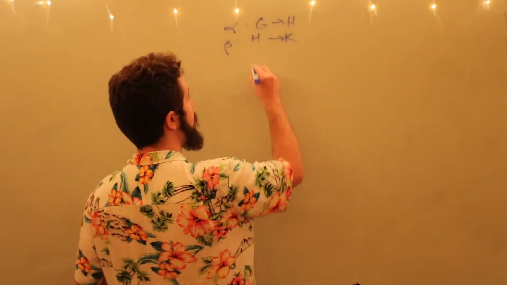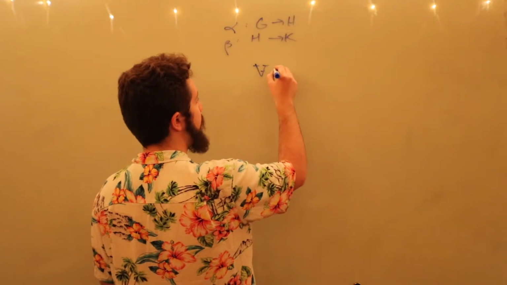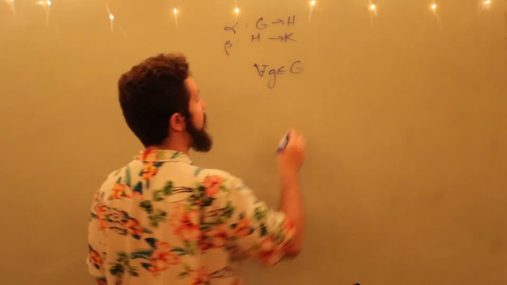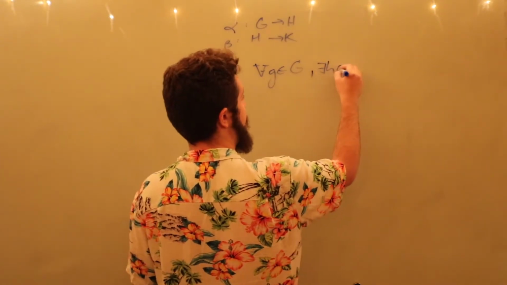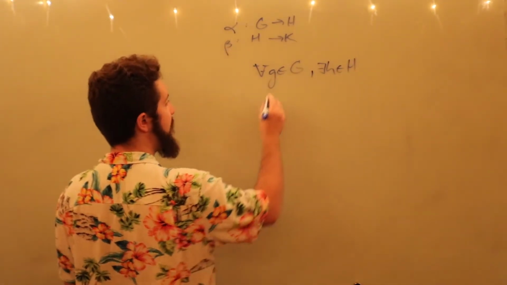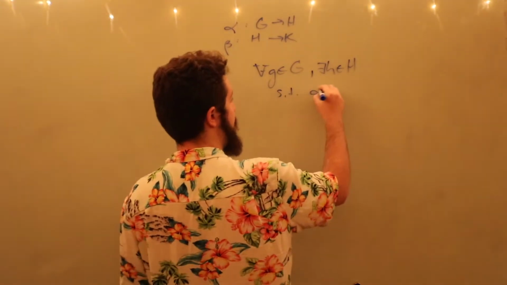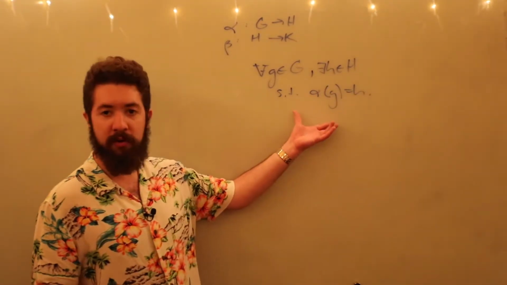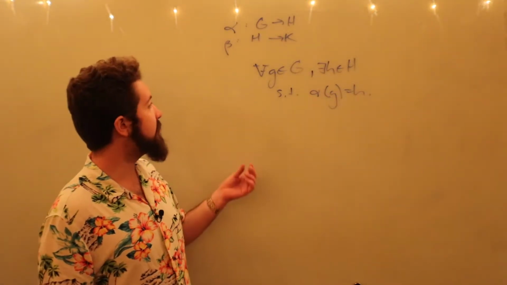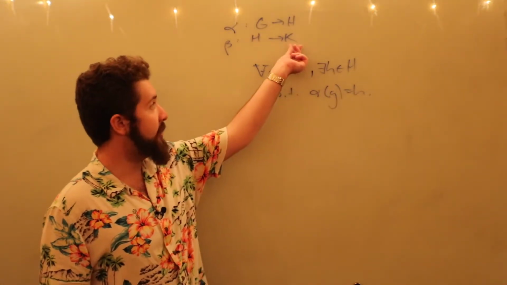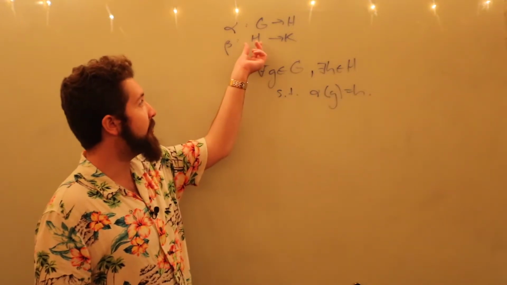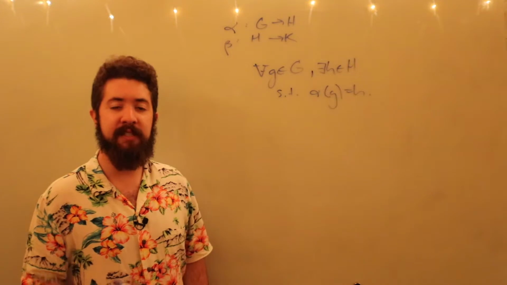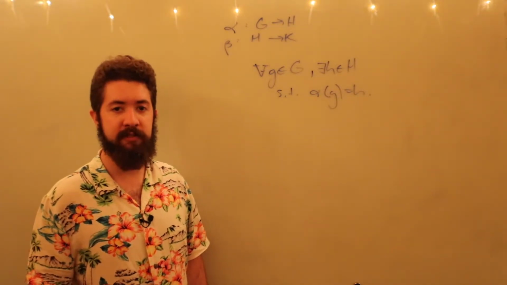That means that for all G in the group G, or just viewed as a set, there exists an H in the set H such that alpha of G is equal to H. Likewise, there exists a K in the set K for every H in H such that beta of H is equal to K. This is the definition of functions.